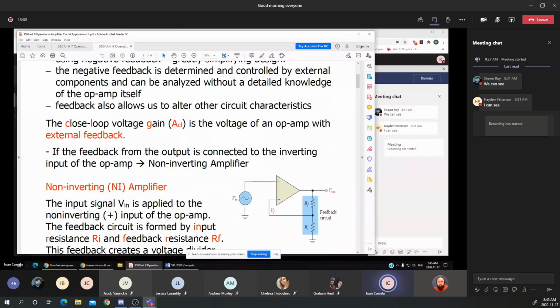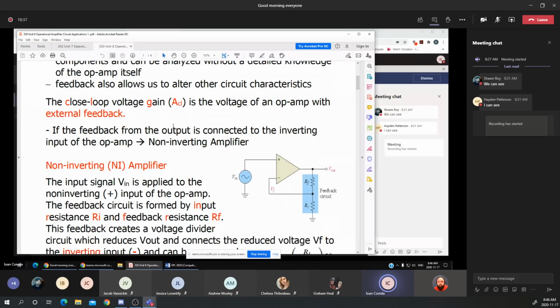That's why feedback also allows us to alter the circuit characteristics, and we'll talk by the end of this topic about the applications of the op-amps as the integrator or differentiator.